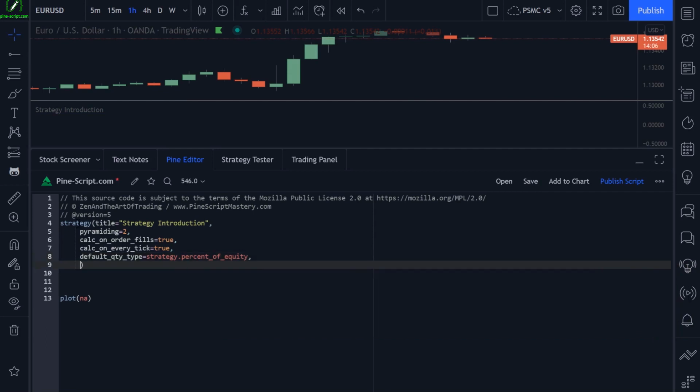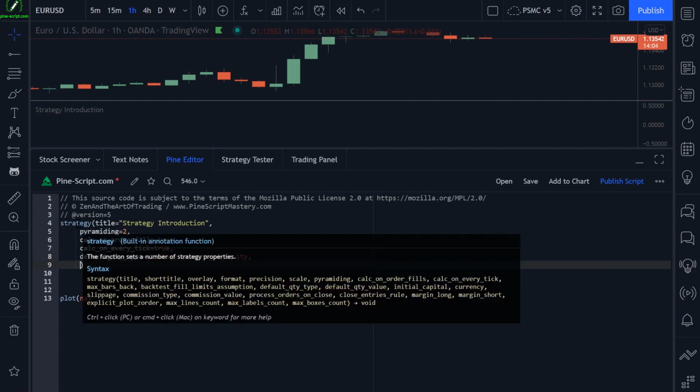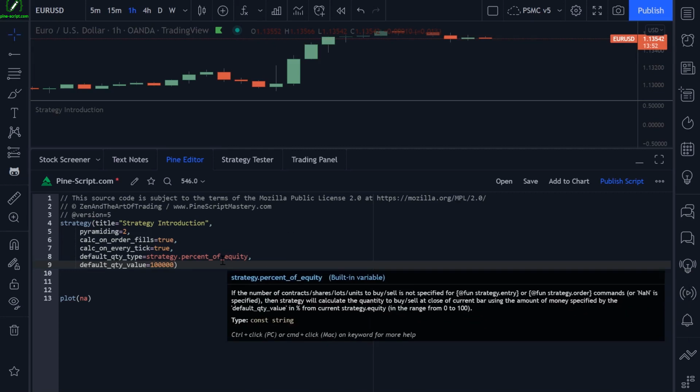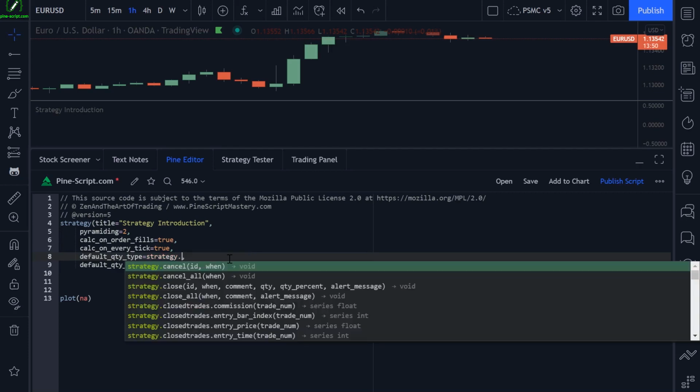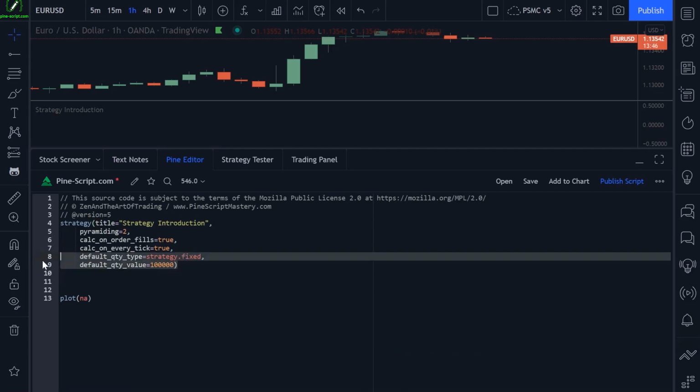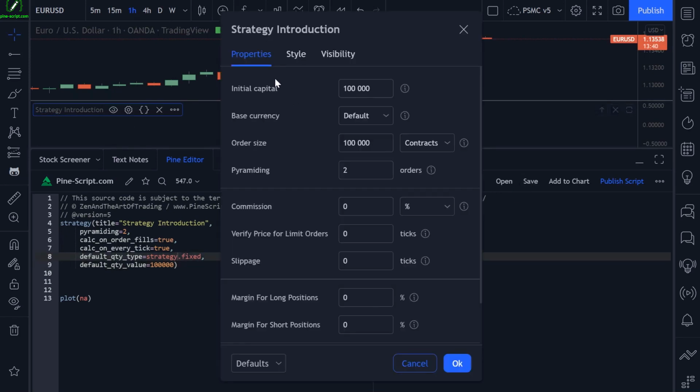Moving on, we then have the default quantity value, or position size. Default quantity value is 1 by default, but we could set this, for example, to a standard lot, so 100,000, and change this back to fixed. Now we are trading 1 standard lot per trade by default, but the user can obviously come up to the settings menu and change this data if they want to.